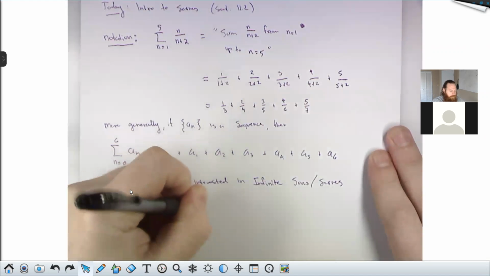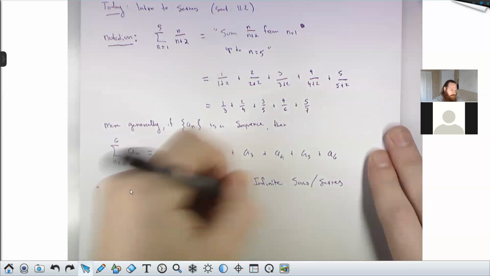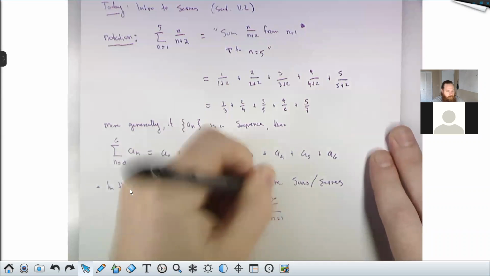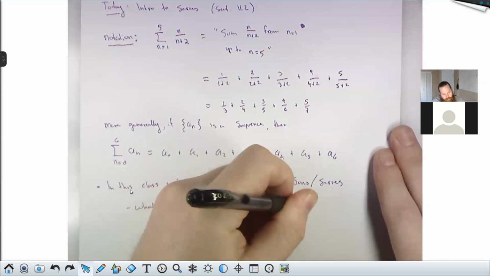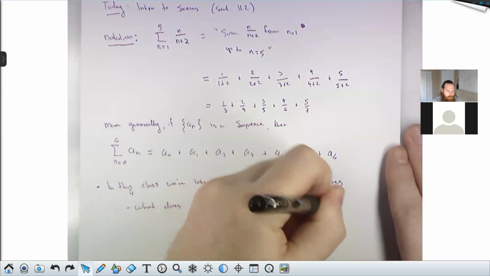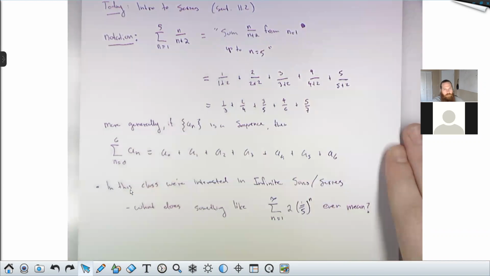What does something like sigma n from 1 to infinity of 2 times (1/5) to the n even mean? What does it mean to say I'm going to take this thing, plug in all the values from 1 to infinity, and then add those up?